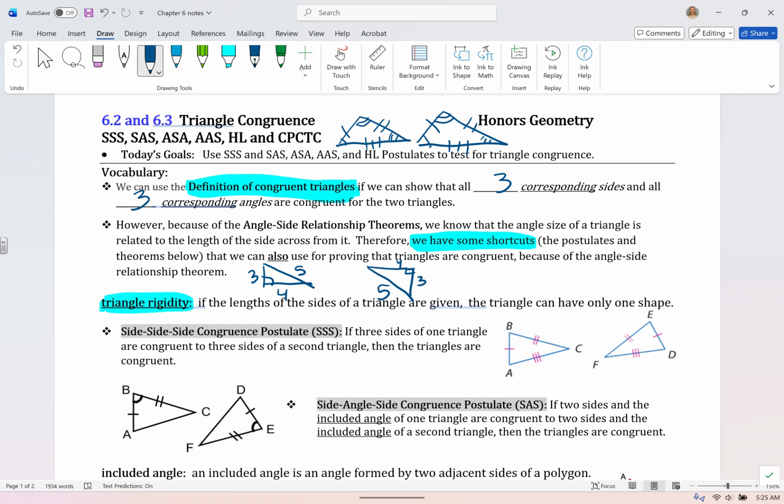As long as they have three sides the same, whether you rotate, reflect, or translate them, they'll stay congruent to each other. So that is a good thing to hold on to.